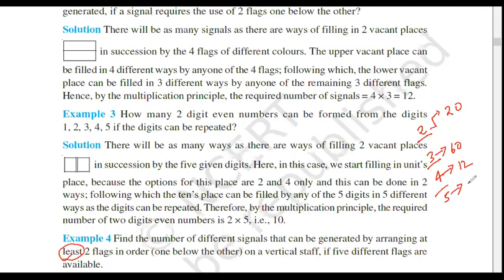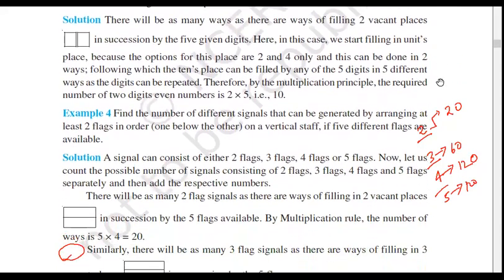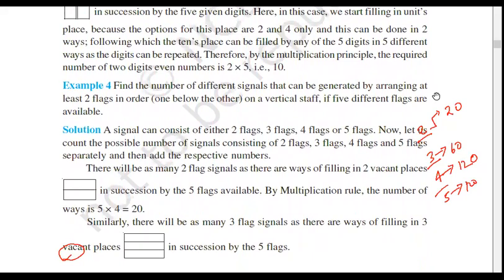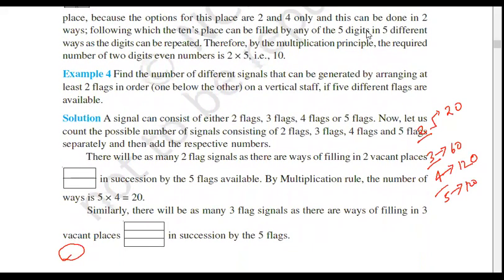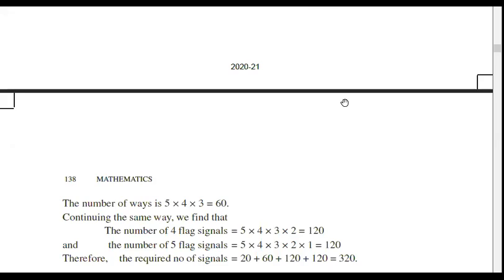For 5 flags, tell me. 120 again. Very good. So the total number of options is, right? Very good, everyone. So the answer is 320.